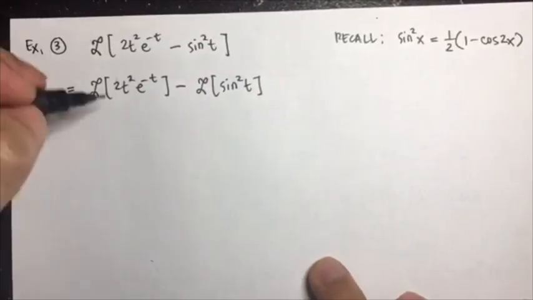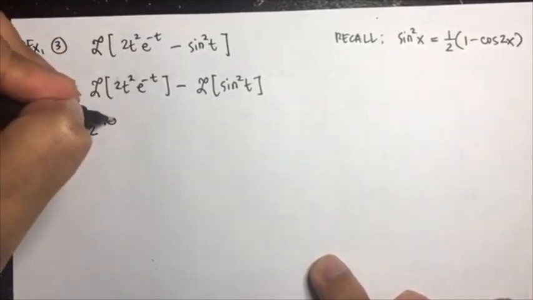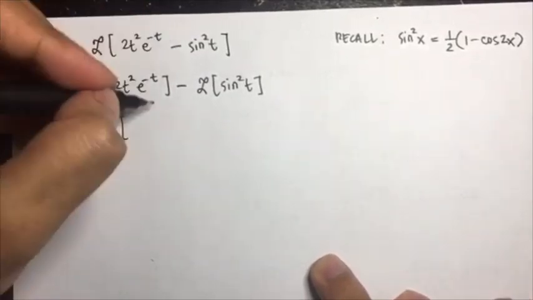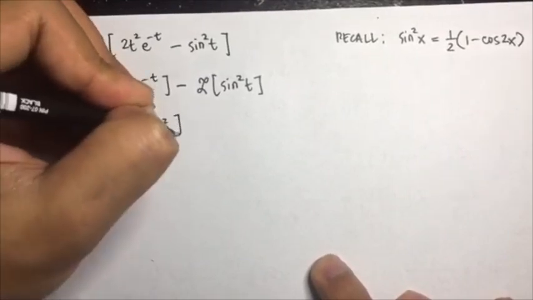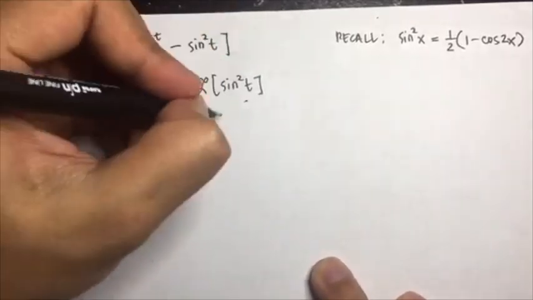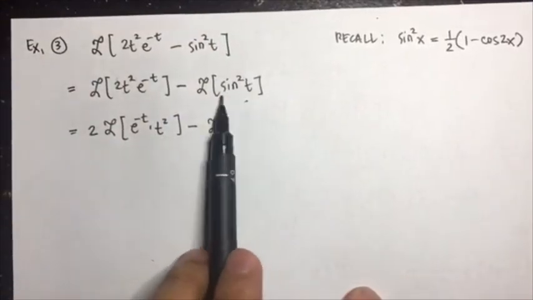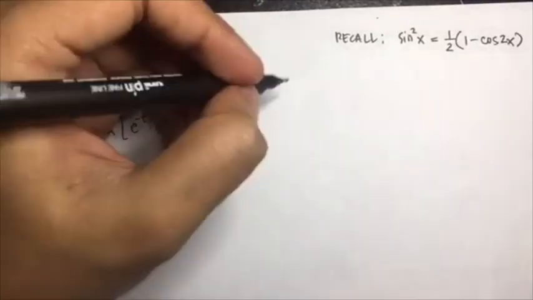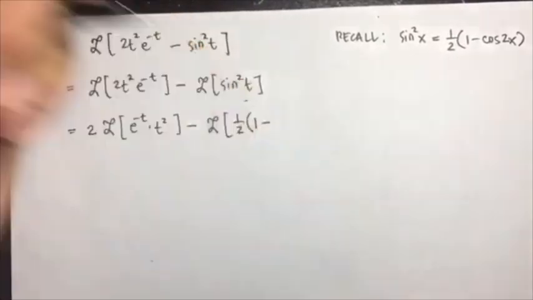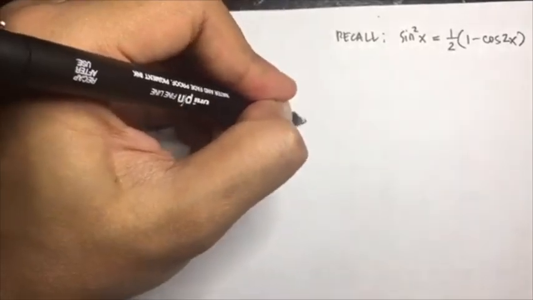And then next is taking out the constant, so we'll have 2 Laplace transform of e to the negative t times t squared minus Laplace transform of, we can replace this with 1/2 times 1 minus cosine 2x.